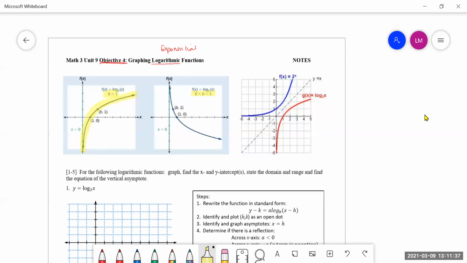It will tell us if we have a smooth curve in this direction. If the base is a fraction between 0 and 1, we have a smooth curve in a decreasing direction. If the base is greater than 1, such as 2, 3, 4, 5, and so forth, then we'll have this smooth increasing curve.